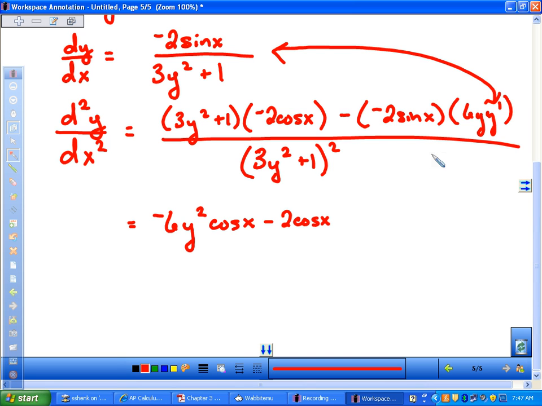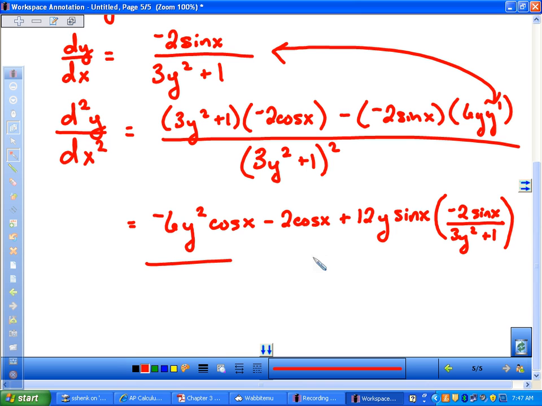Negative 2 times 6 would be negative 12, but we're subtracting negative 12, so plus 12y sine x times, and now let's replace that y prime, negative 2 sine x, over 3y squared plus 1, all over the 3y squared plus 1 squared.